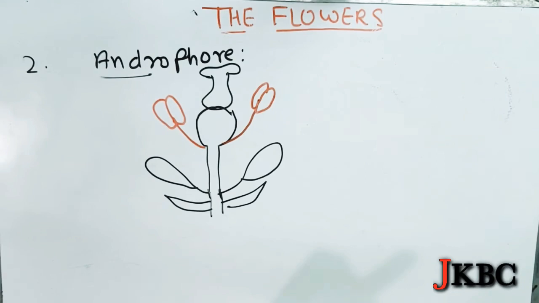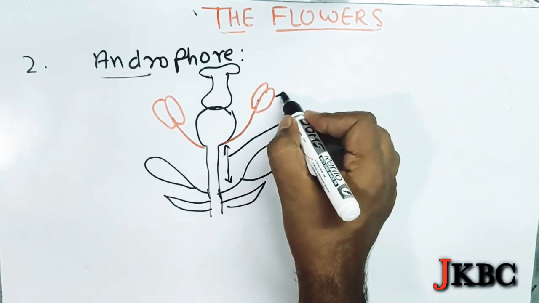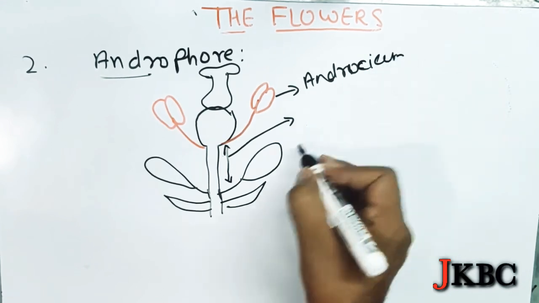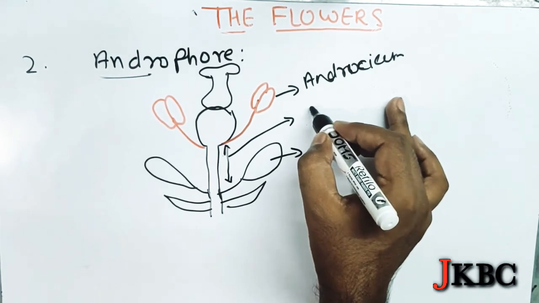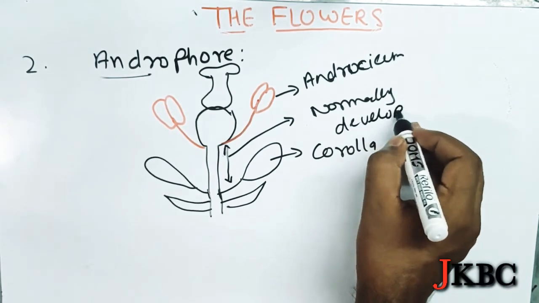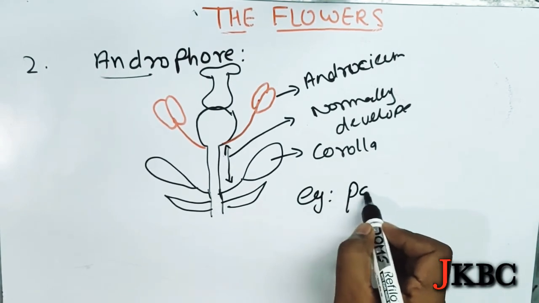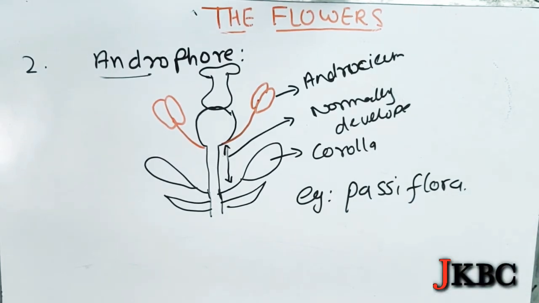This is the internode in between the two, this is the androecium and this is your corolla. The internode develops normally. This is called androphore. The example is Passiflora. Now a single example. Okay, now the third type, that is called gynophore.